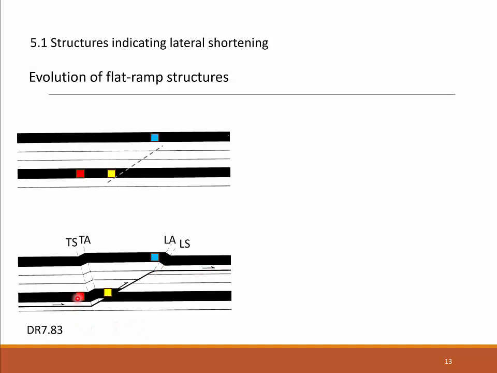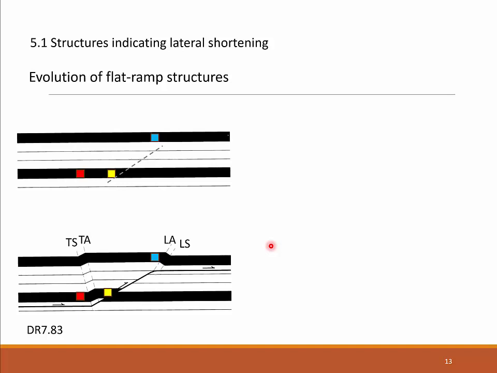We see that here our marker points are still in a similar position as in the pre-kinematic stage. We see here the red marker is still above the lower flat. The yellow marker point has started climbing up the ramp, and the blue marker point is still on the left hand side of the leading anticline.